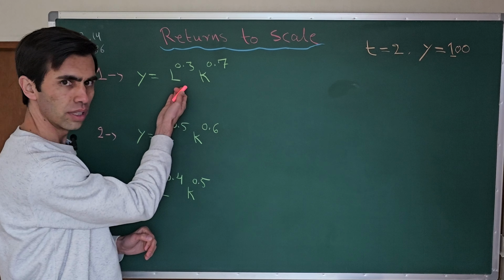Then it becomes 2y. And our initial output level is equal to 100, so 2 multiplied by 100 is equal to 200.